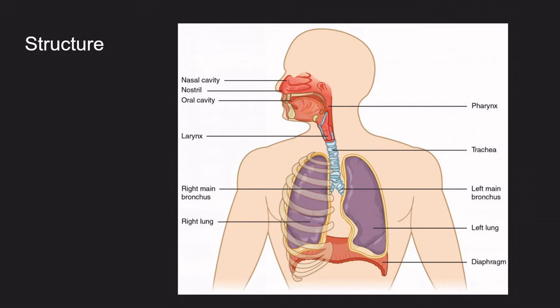As I stated earlier, it can be broken down into smaller areas, mainly the upper airway, the trachea area, and the respiratory zone, which is the lungs. We will get into more of the function and homeostasis later. But a brief overview is that the nasal cavity and the oral cavity are used to draw in air.